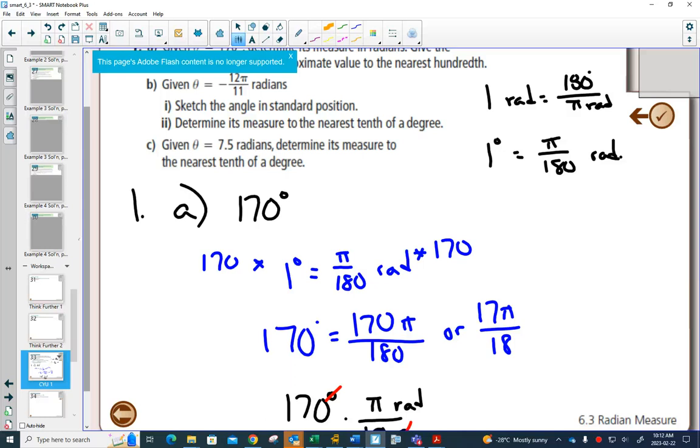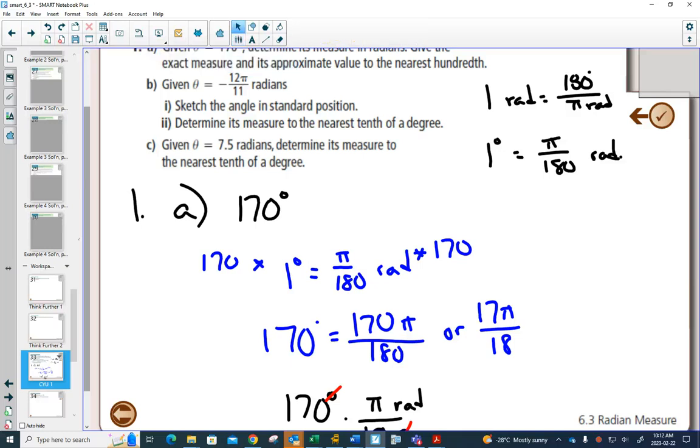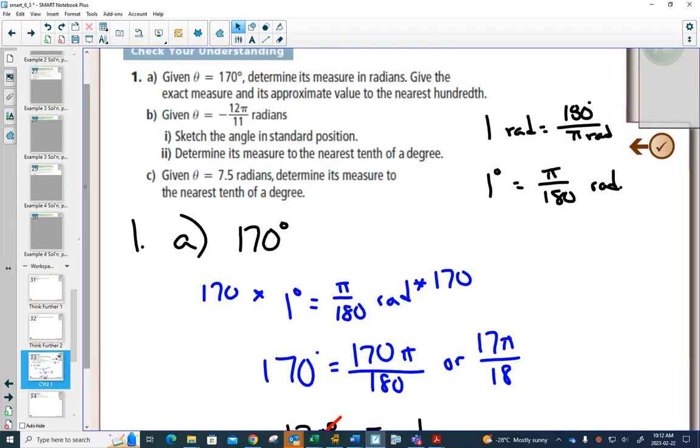Now, if you leave your answer as 170 pi over 180, perfectly fine. In grade 12 pre-calculus, you do not need to write your fractions in simplest form. You can if you want to, but you could leave it as 170 pi over 180. So it says, give the exact measurement.